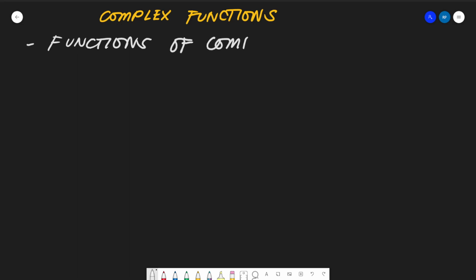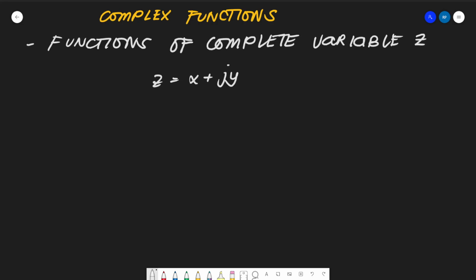Ibig sabihin, meron tayong mga variables na input, variable z. So, ano ba yung mga variables na yun? We all know na z is equal to x plus jy. Diba? So, yan yung equivalent niya.